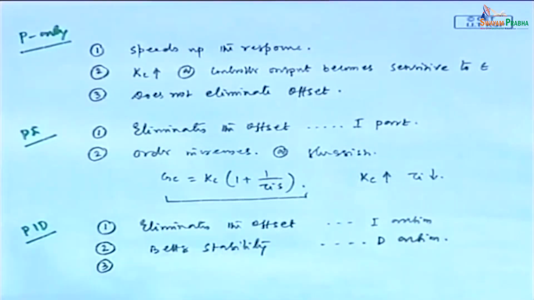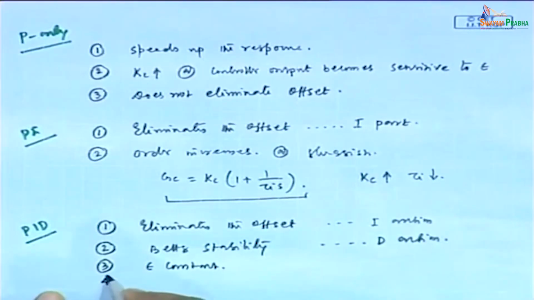Fine. Third point is, if error is constant, then there is no derivative action because d epsilon dt is zero. If error is constant, then there is no derivative action.